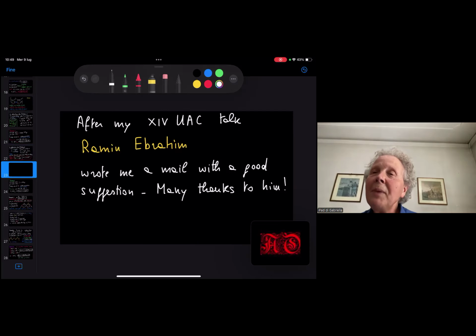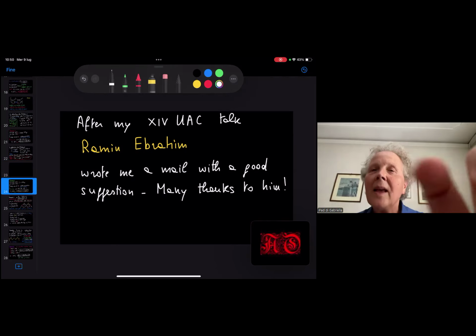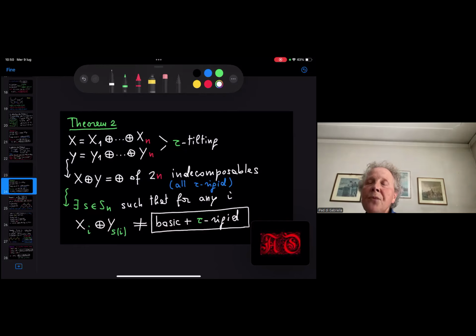And after my talk at the last conference, I received an email from Ramin Ebrahimi, and he gave me a good suggestion to look at tau-rigid modules instead of Ext-rigid modules. Theorem 2 says the following.